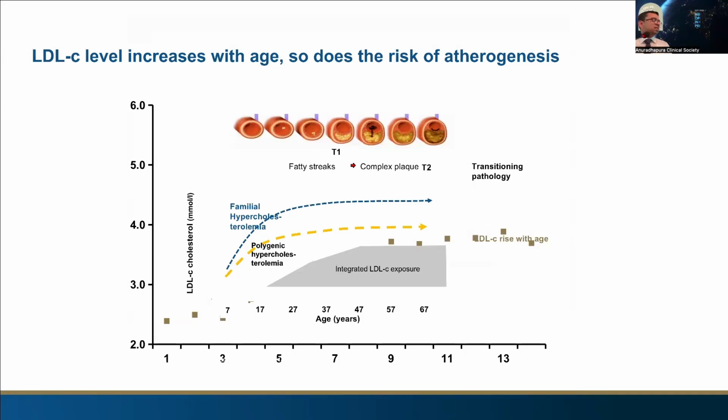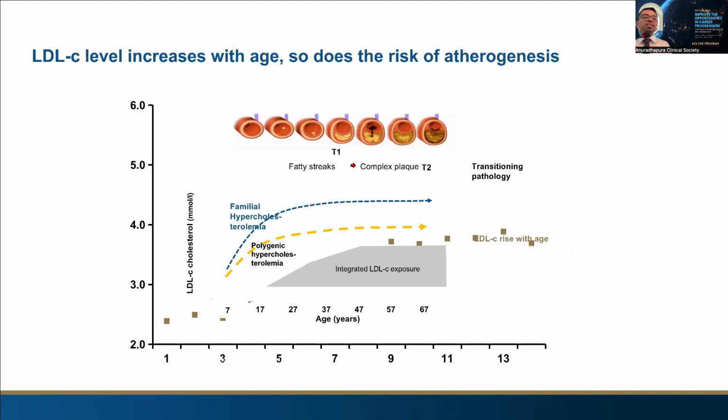Not only that, with age, cholesterol also rises. You can see that with age, even in the second decade, it starts rising. As a result, cholesterol deposits also increase, from the fatty streak to a well-blown cholesterol deposit with even calcification.